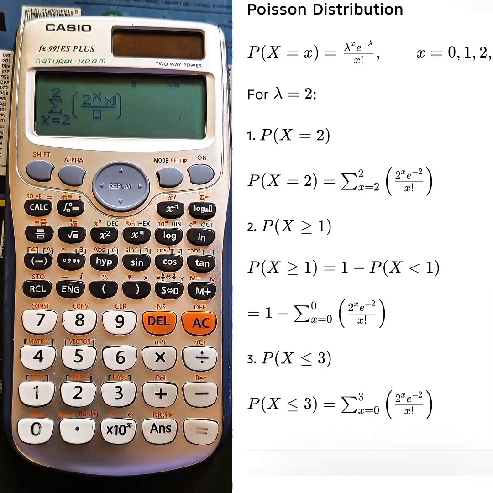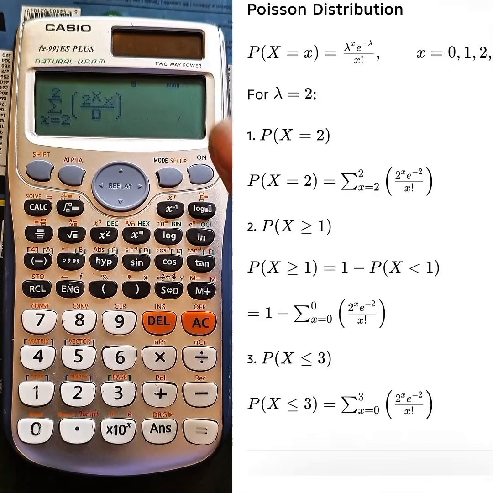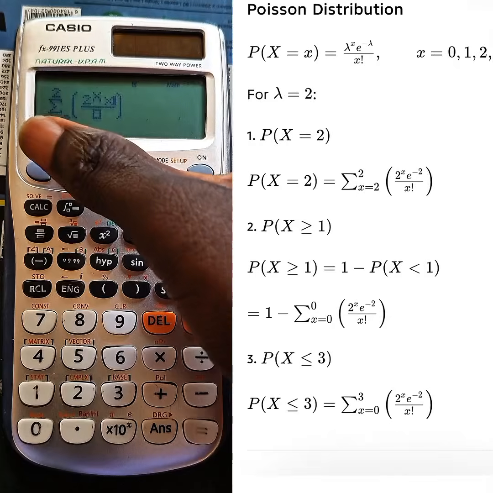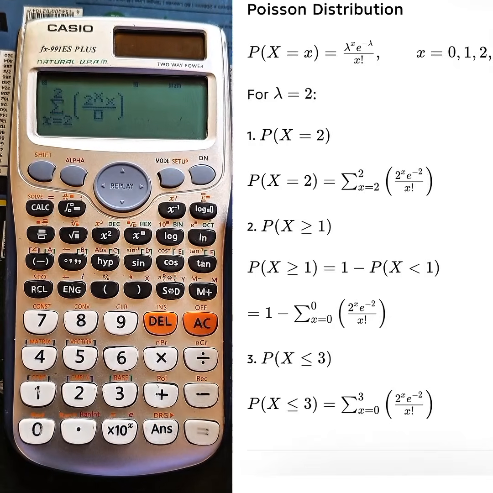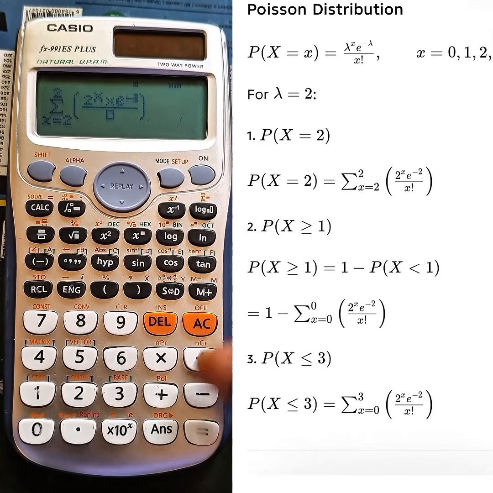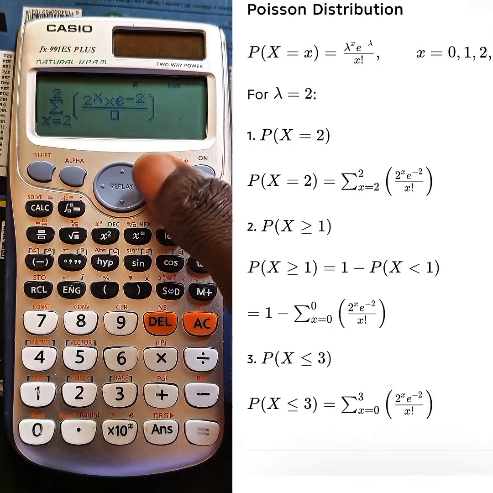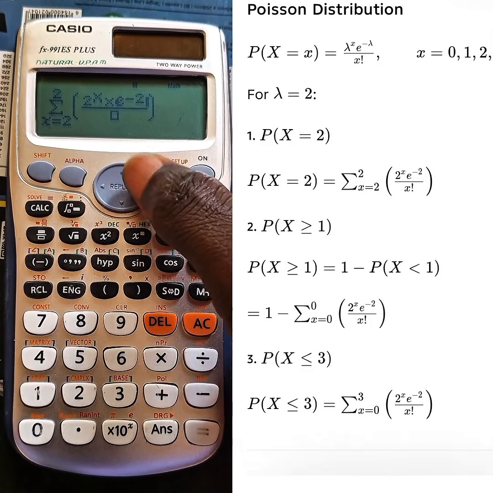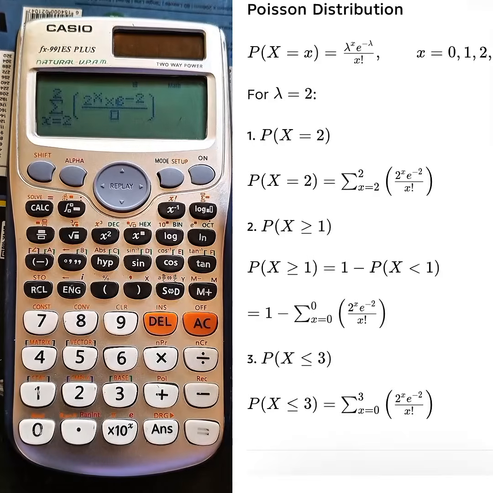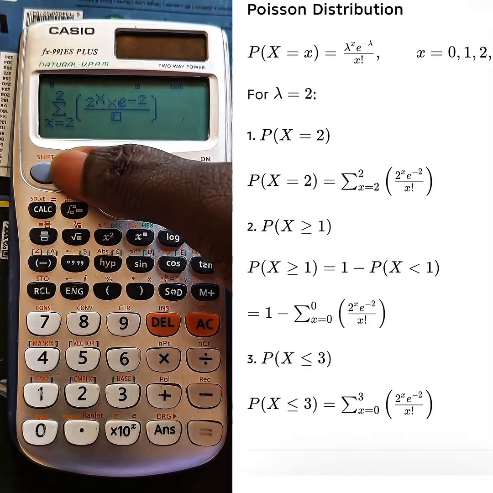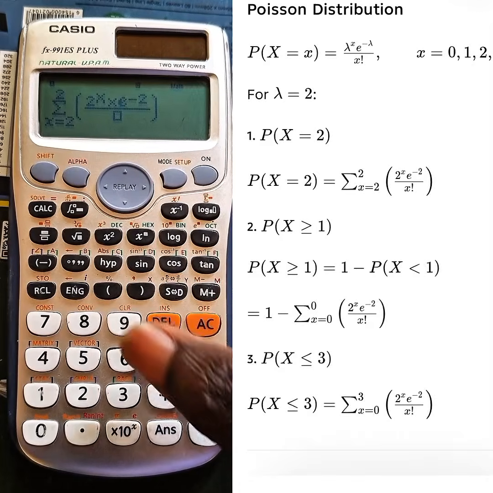After you have pressed the multiplication sign, you press shift again, then exponential, this exponential on this line. Now it is to the power of minus lambda, and lambda is 2, so it's minus 2. Then you come back and press here, and it will take you back to the denominator. The denominator is x factorial, so you press alpha, this is our x.